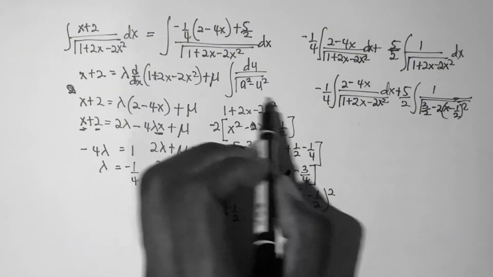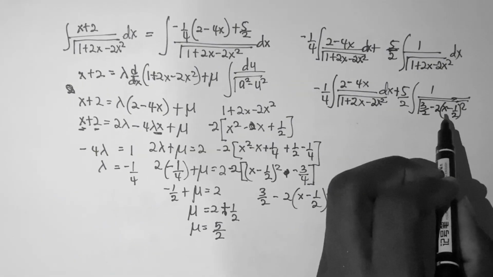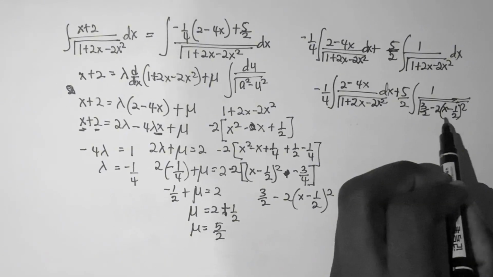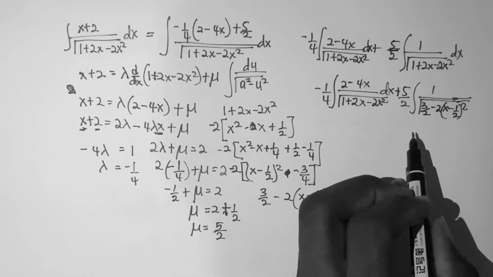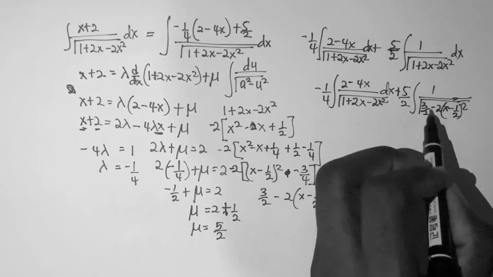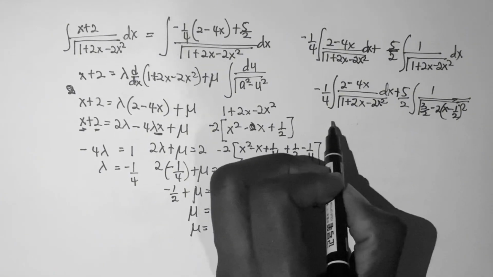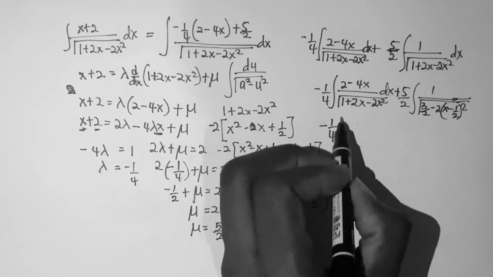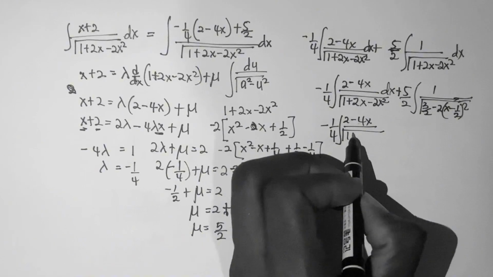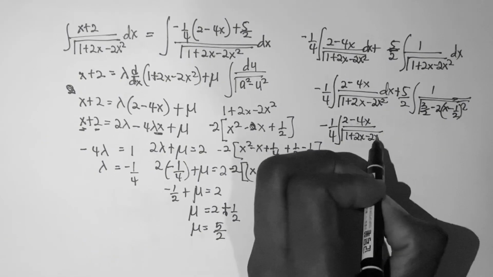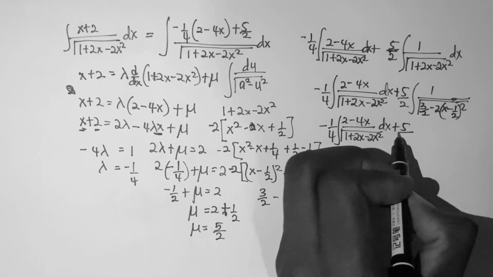Now you can see that this looks like a certain a squared minus u squared. However, we need to make this coefficient, which is the coefficient of the x minus 1 over 2 squared, 1. And in that way, we need to factorize out the 2. So we need to pull out 2. And if we do that, this becomes minus 1 over 4 integral of 2 minus 4x divided by square root of 1 plus 2x minus 2x squared, then dx, then plus 5 over 2.